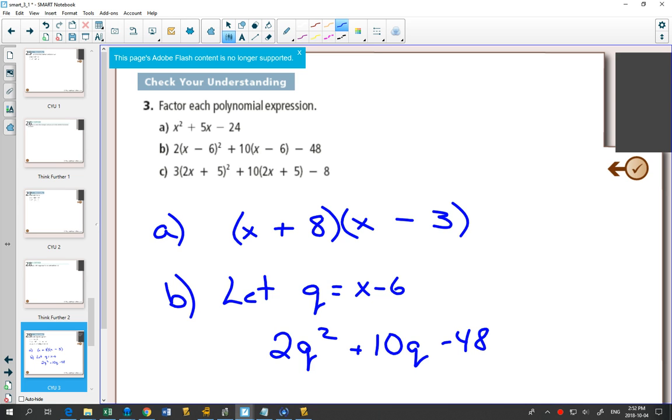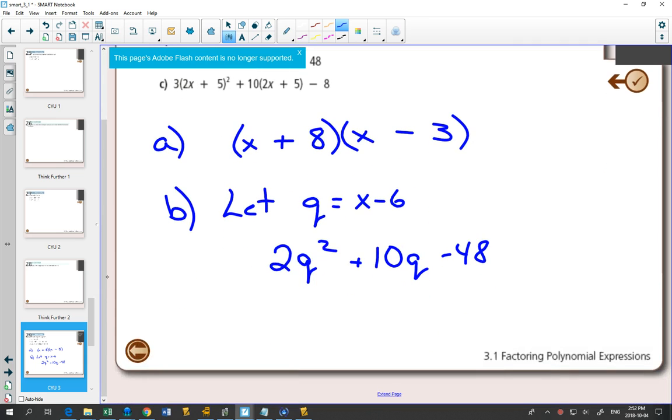We changed something that looked complicated to factor into something that we're more used to factoring. Because if I wanted to factor 2q squared plus 10q minus 48, first of all, I would notice there's a common factor of 2. Factor out that 2 first. We're left with q squared plus 5q minus 24.